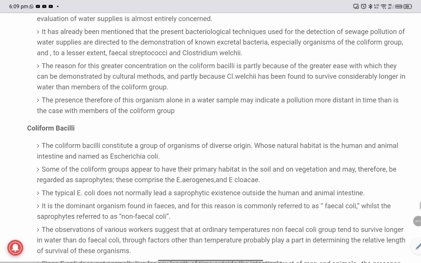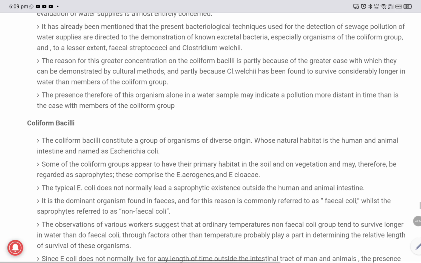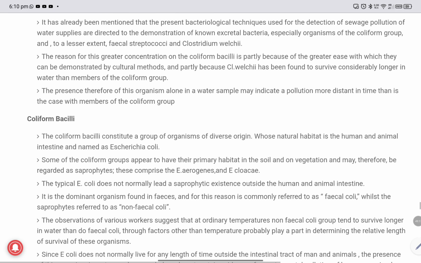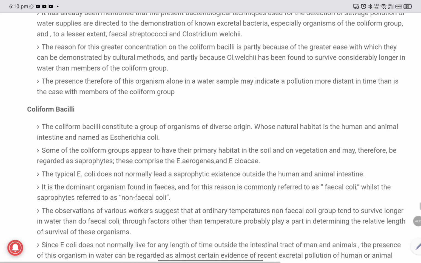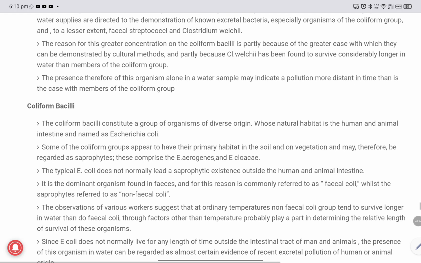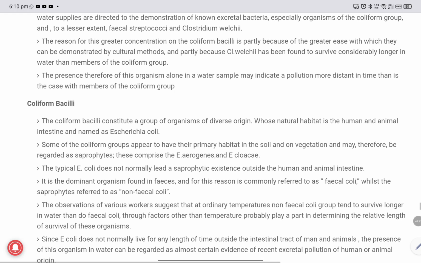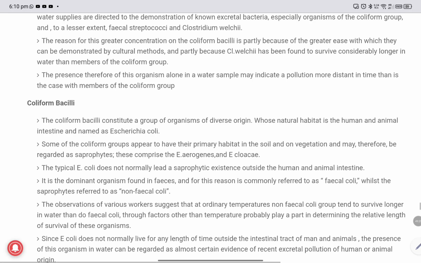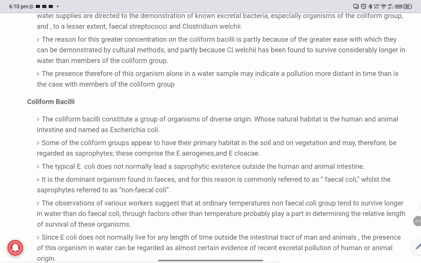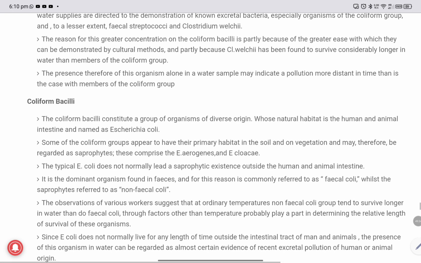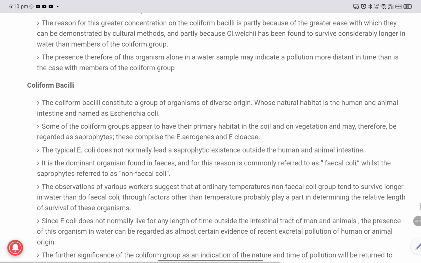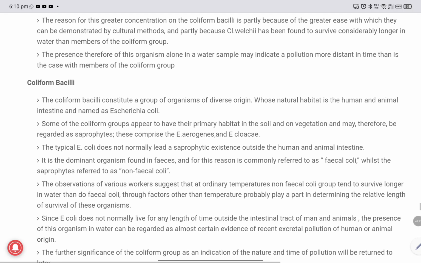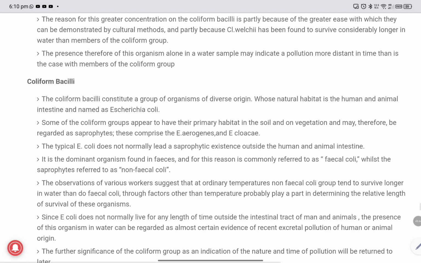The reason for this greater concentration on the coliform bacilli is partially because of the greater ease with which they can be demonstrated by culture methods, and partially because Clostridium welchii has been found to survive considerably longer in water than members of the coliform group. The presence, therefore, of these organisms alone in a water sample may indicate a pollution more distant in time than is the case with members of the coliform group.